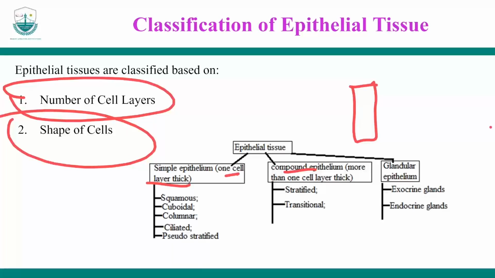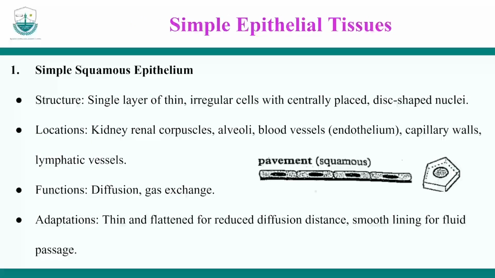So those are three things that we have to look at. And then the fourth one actually is, where do we find this type of epithelium? If you know where the type of epithelium is found, then you'll be in a position to know its function. Knowing where it is found is very important. So let's basically start that discussion.